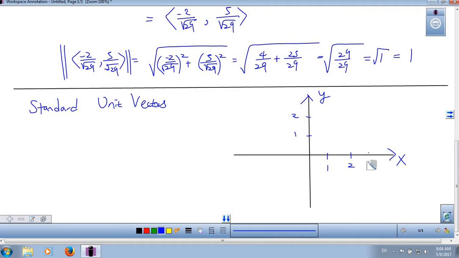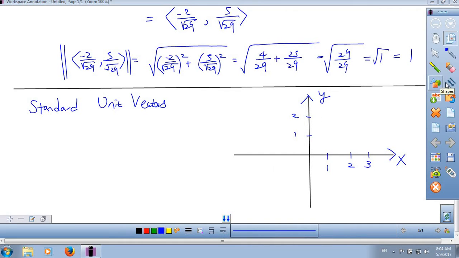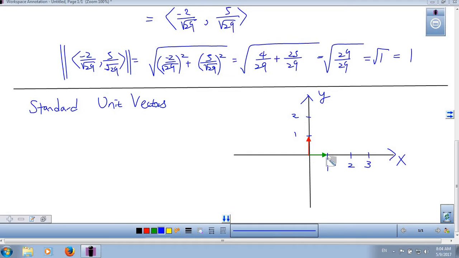Okay. Now, what do I mean by that? Well, it's very simple. So what we can produce is we can draw a unit vector from 0 to 1 in the direction of the x direction, and we can draw another unit vector from 0 to 1 in the y direction. So those two vectors will be called the unit vectors.